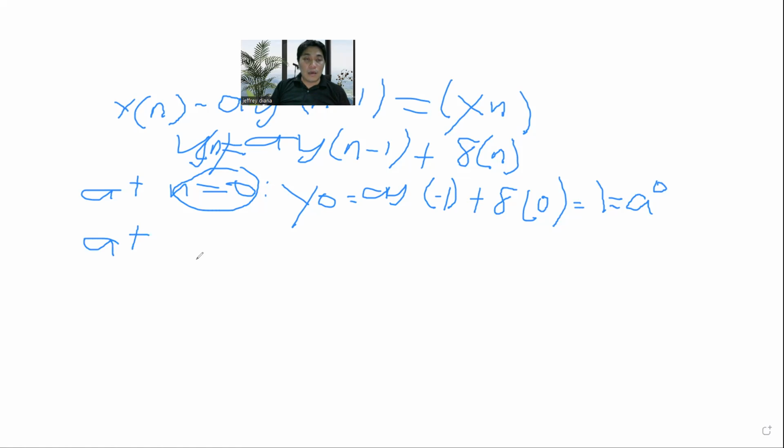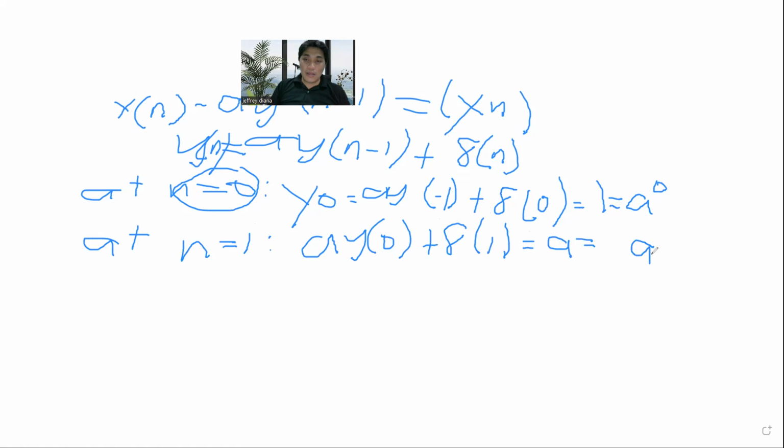At n equal to 1, our formula will be a times y[0] plus delta[1], which is equal to a. So the answer is a, or a to the power of 1.